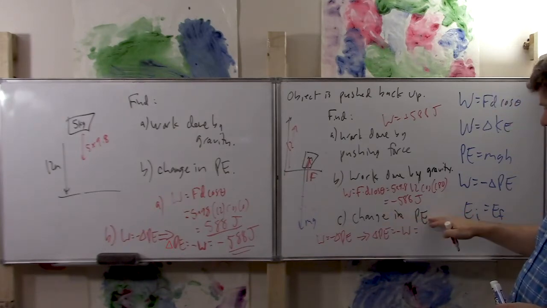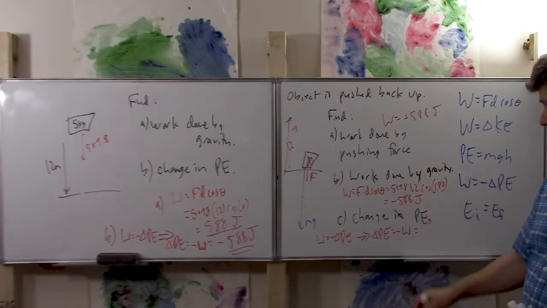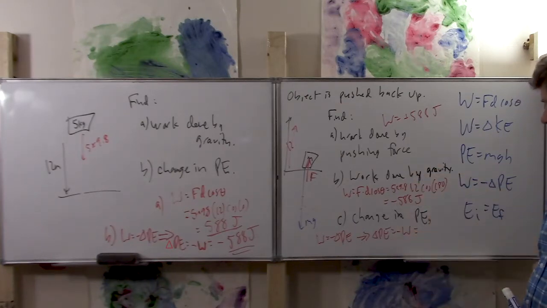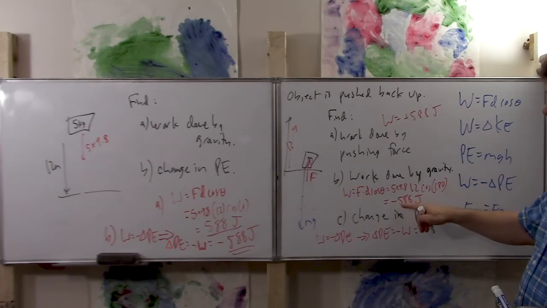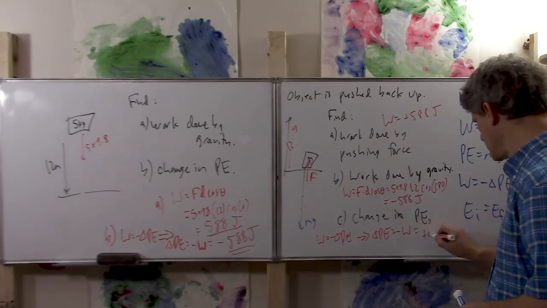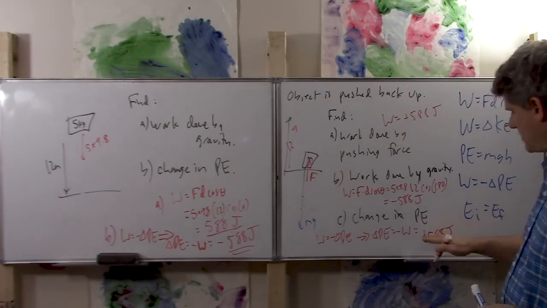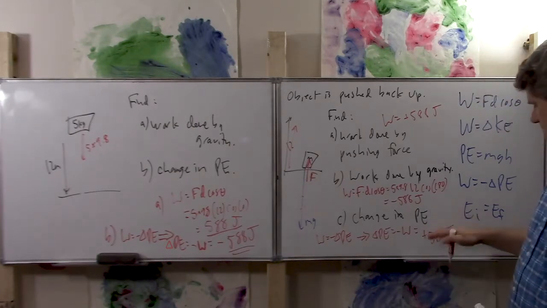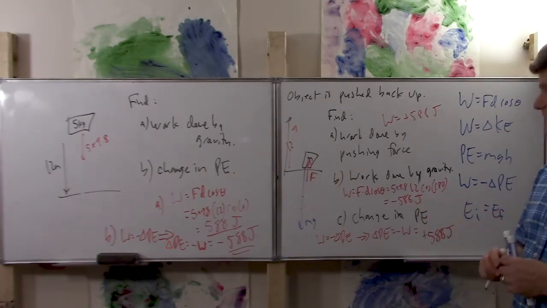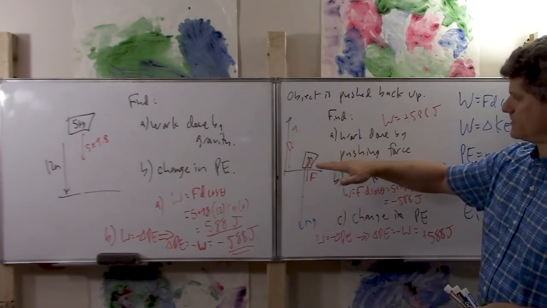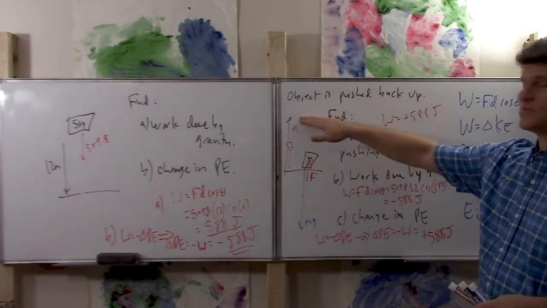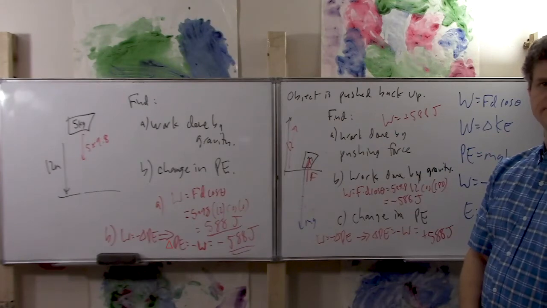The change in potential energy is related to the work done by gravity, so it's equal to negative work done by gravity. So negative 588 is positive 588 joules. You don't have to write the positive, but I'm putting it there just to emphasize it's opposite the work done by gravity. And that makes sense because we're going from potential energy 0 to potential energy 588.